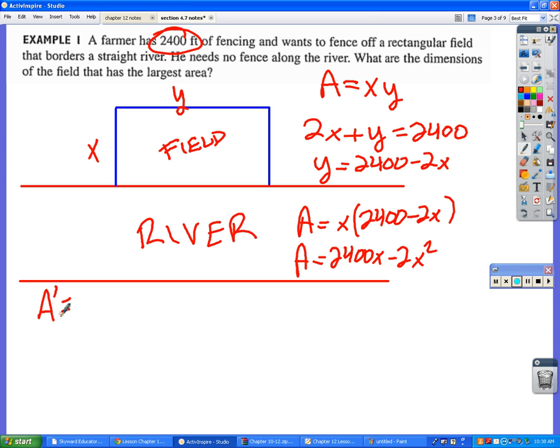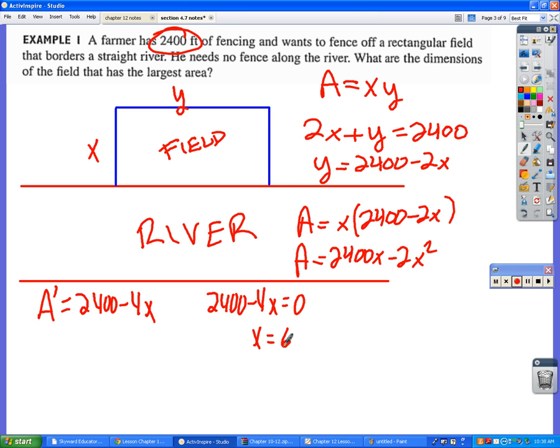What's the derivative? 2400 minus 4x. All right, now I need to set that equal to 0. So if 2400 minus 4x equals 0, then that means x equals what?